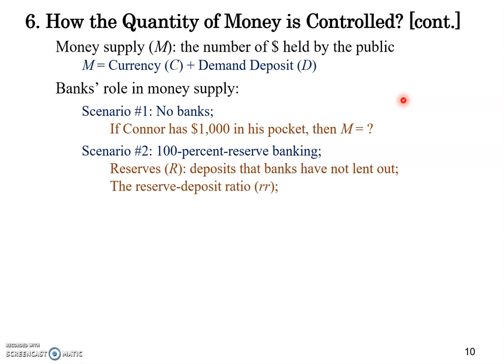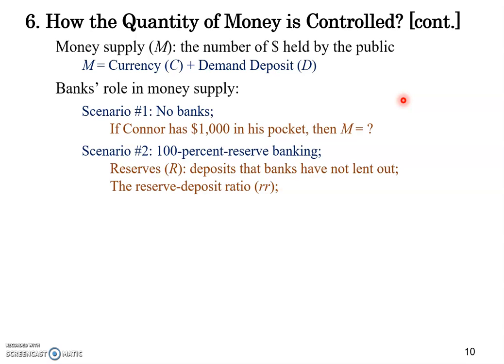The reserve deposit ratio (RR) is another term we're going to use in this discussion. So RR, for example, in the previous case would be equal to 0.2. Reserves is $20 and deposit is $100, so it's 20 divided by 100.